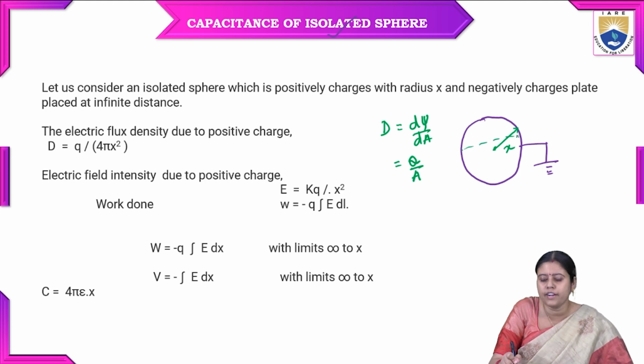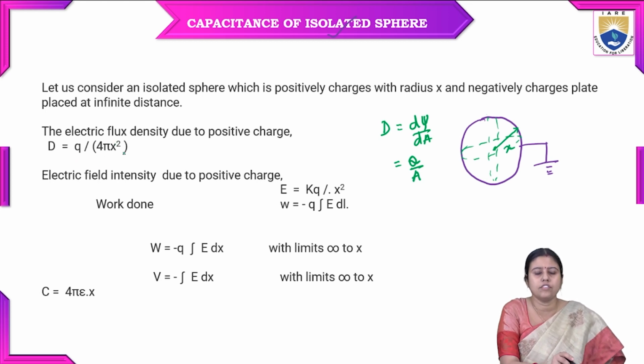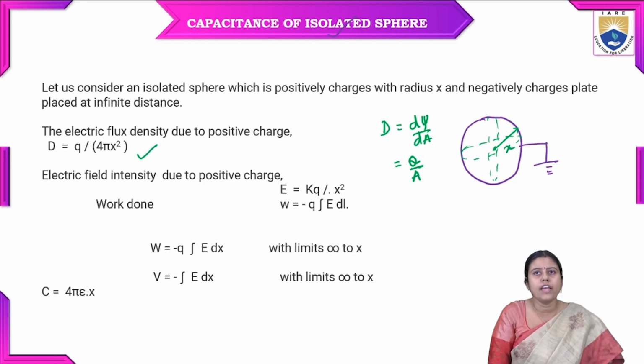For a sphere, the surface area is 4 pi x square. So we got Q by 4 pi x square. So what is the electric field intensity? Electric field intensity is Q by 4 pi epsilon x square.